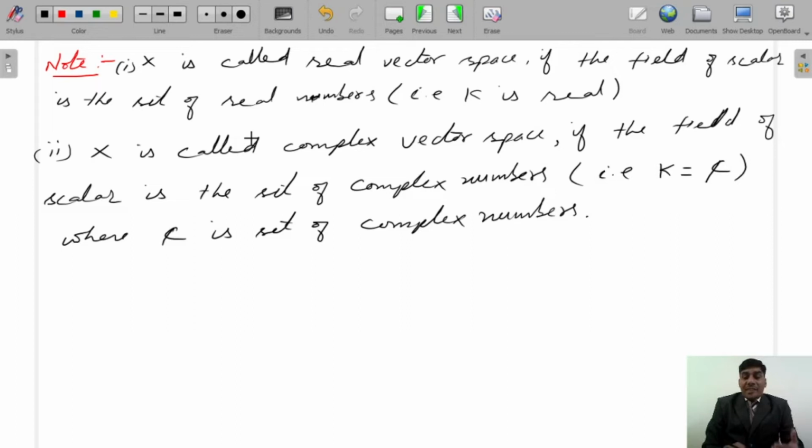Now, next we will discuss the definition of normed linear space. In a normed linear space, we see normed, that means there is a norm function on the linear space.